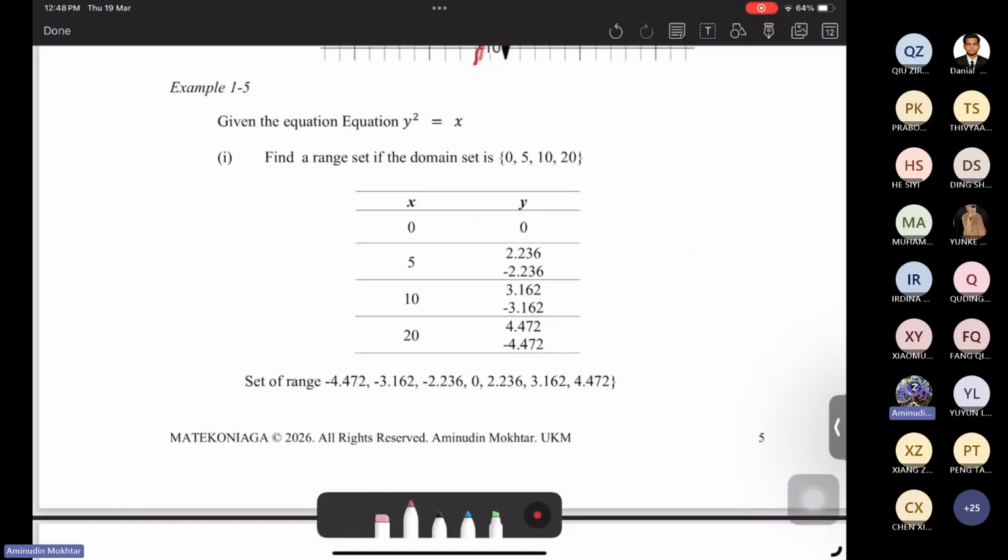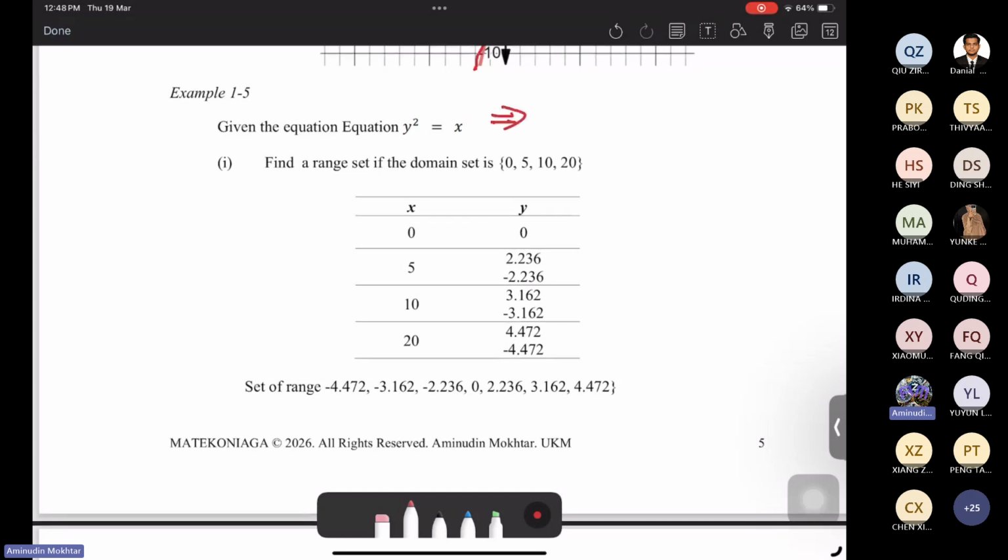Okay, just for example, let's say I have this question. We have the domain, which is 0, 5, 10, and 20. y squared equal to x.